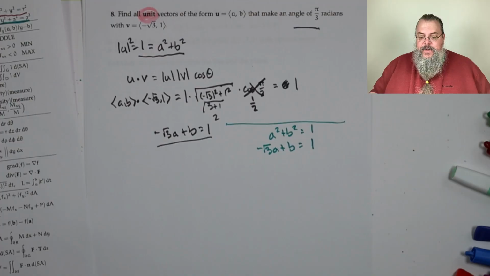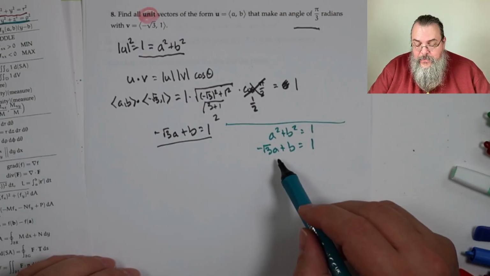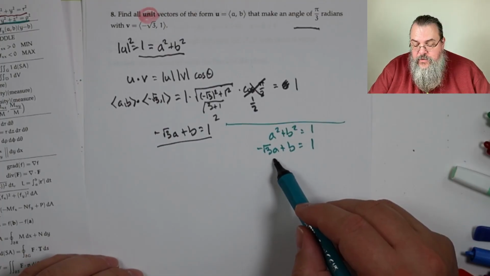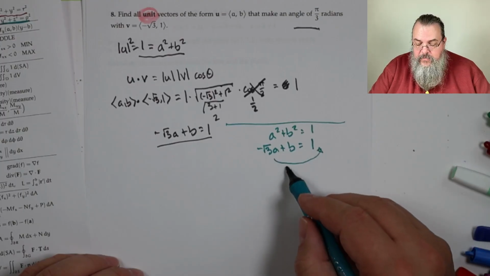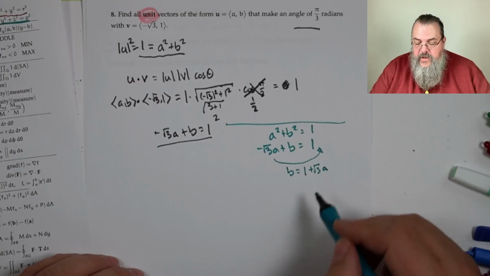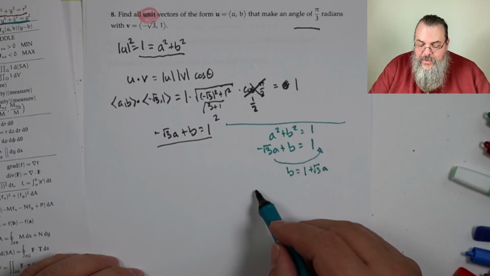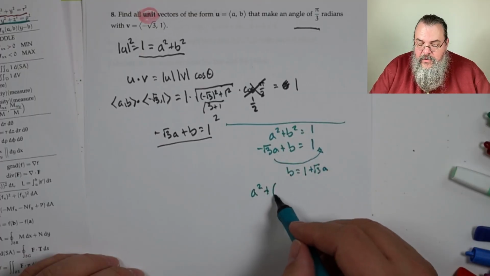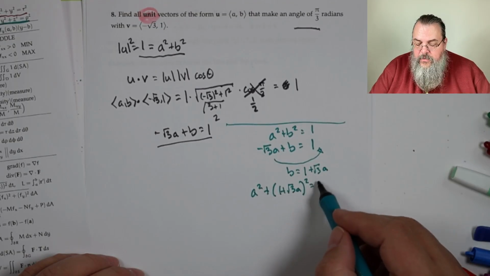So how can we finish? Well, we can do substitution. For instance, we can move this minus root 3a across, and that says b is equal to 1 plus root 3 times a. And now substitute into the first one. So we get a squared plus (1 plus root 3a) squared equals 1.